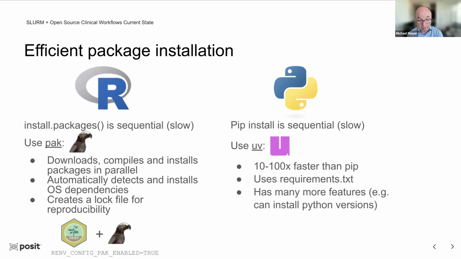For those of you that already are using renv, there's also good news, because renv and PAK can be used together by setting the environment variable RENV_CONFIG_PAK_ENABLED to true. Then every time you initialize or restore any R environment, renv will automatically call PAK to do all of the installation, and it'll be also very fast.